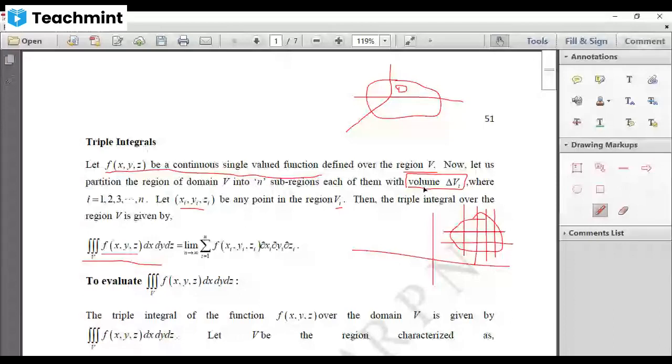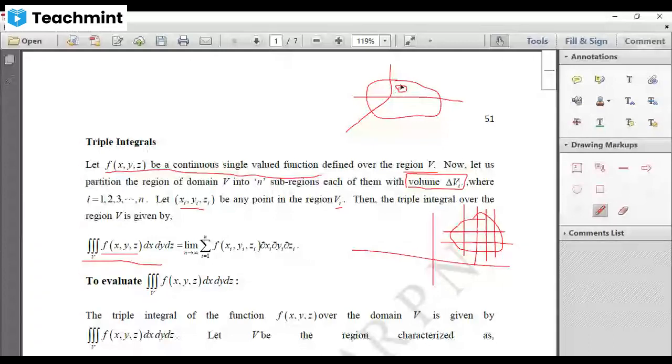Because it is in the space, you have the x-axis length, y-axis length and z-axis length. Here you were making rectangles; the same thing here will be a cuboid structure which has some volume. That volume we call delta Vi.